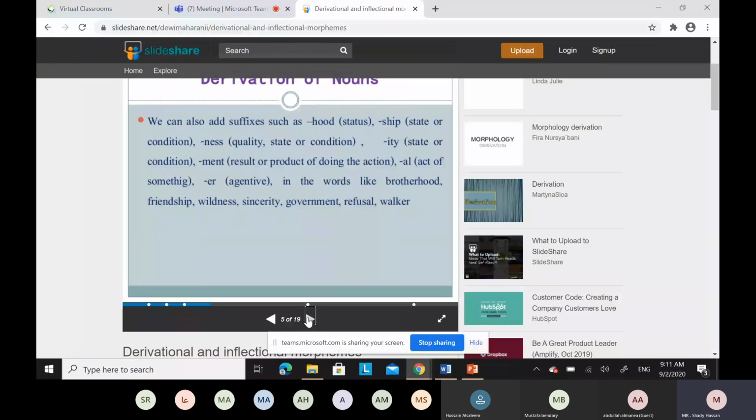We can also add suffixes such as hood, which means status, state or condition; ness, which reflects quality, state, or condition; ment, result or product of doing the action; al, act of something; and ship. In words like brotherhood, friendship, wildness, sincerity, government, refusal, walker.